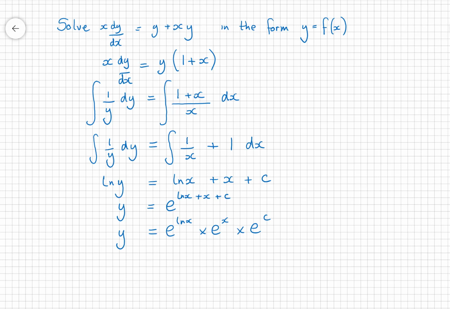You remember from the example we did before that e to the power of c, that last one there on the right, is itself a constant, and so we by tradition replace that with a capital A. e to the power of x is just e to the power of x, and e to the power of ln of x, and you can verify this for yourselves, simplifies to x. And so our final solution is y is equal to Ax e to the power of x.